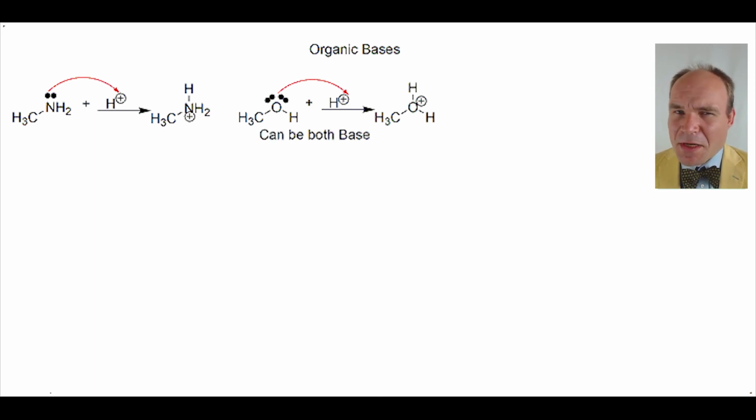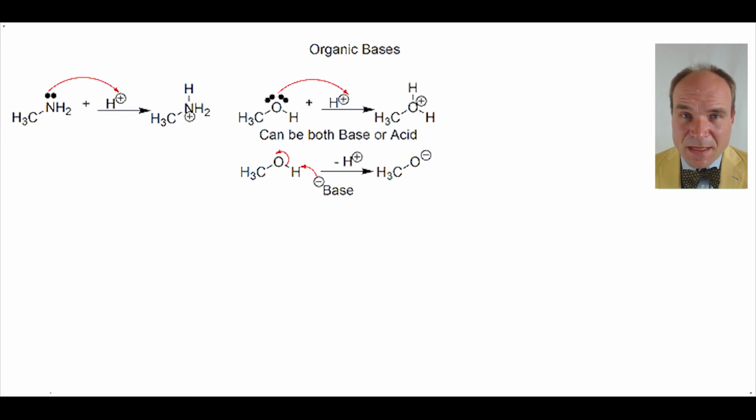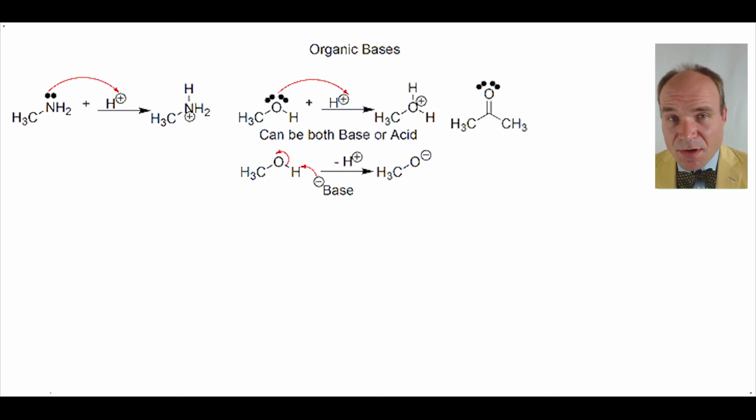But this isn't all an alcohol can do. An alcohol can also act as a Bronsted-Lowry acid. Whether the alcohol is a base or an acid very much depends on the reaction conditions that it's in at the time. Here we have a ketone. The ketone has a neutral oxygen that has two lone pairs.